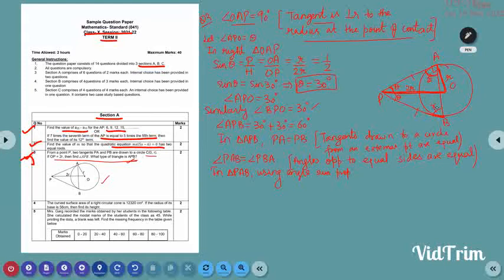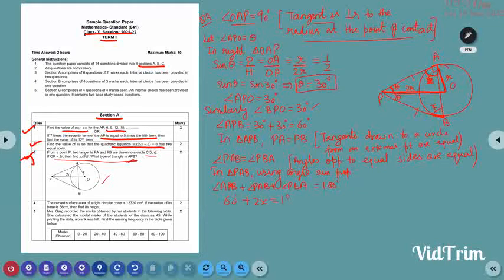So this APB is 60 degree plus, if we suppose PAB and PBA as x, so 60 degree plus 2x is equal to 180 degree. 2x is equal to 120 degree. So x will be equal to 60 degree.